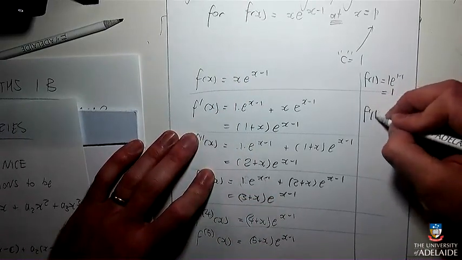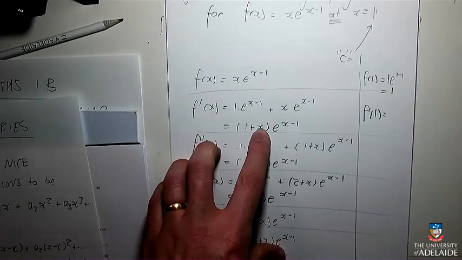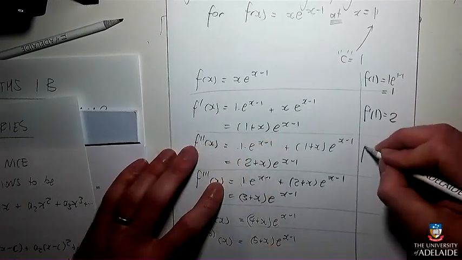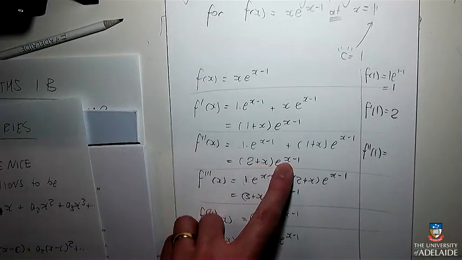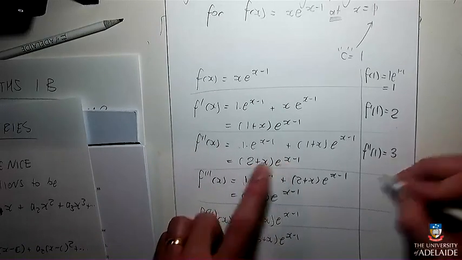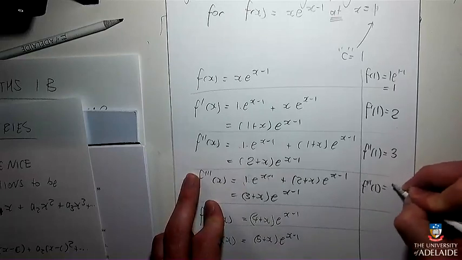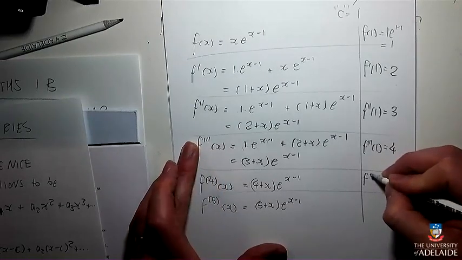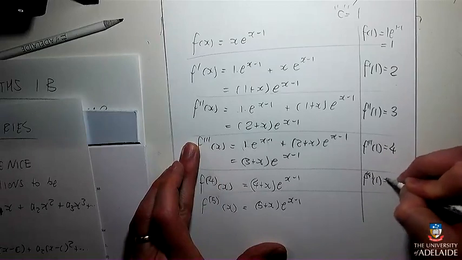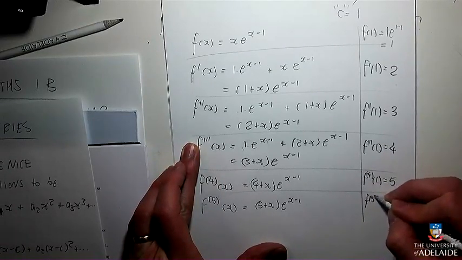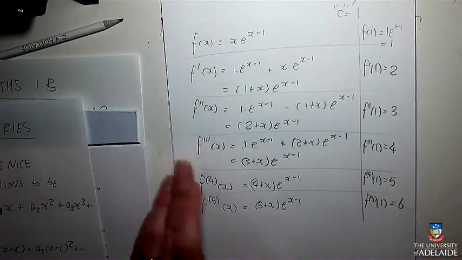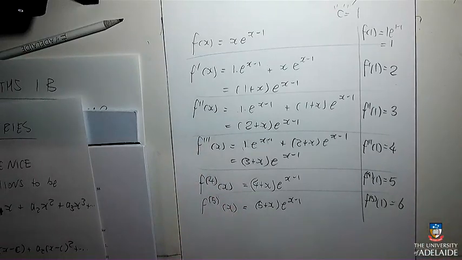And then f dashed of 1 will be 1 plus 1, which is 2, times 1, which is 2. F double dashed of 1 will be 2 plus 1 times e to the 0, so that'll be 3, 4, 5. Beautiful. We're doing well. That worked out. I did not expect that to happen. That worked out rather nicely, actually.